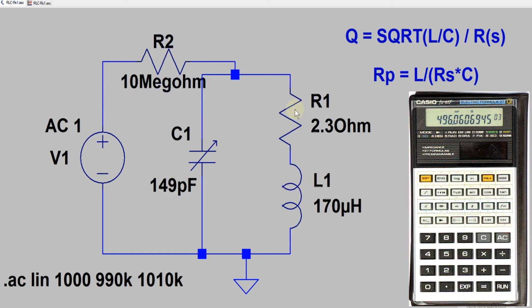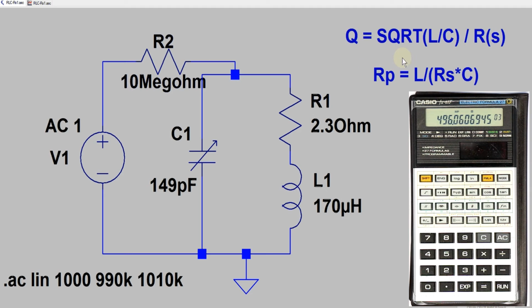And for the series resistance, we immediately know the lower it is, the higher the Q factor becomes. We can already see this in the formula, because the series resistance is in the denominator. If we lower RS, the series loss resistance, then Q becomes higher.